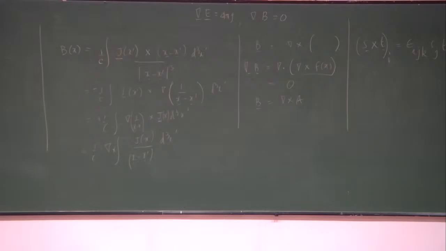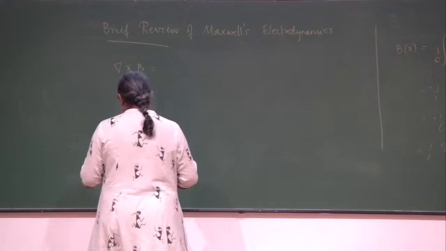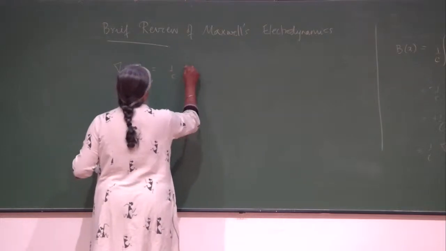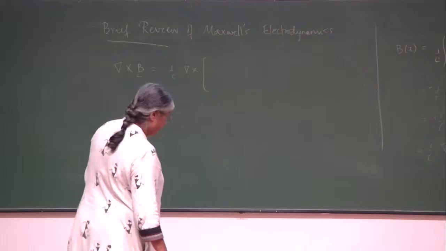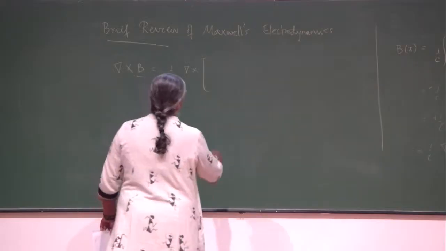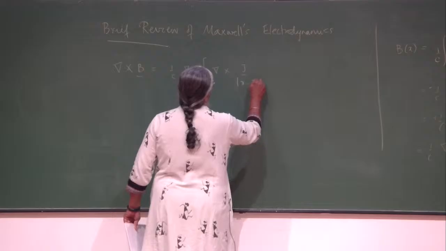B is that object over there, right? So now I have to find del cross B. So that is 1 by C del cross. What was B? B is del cross J by x minus x prime.